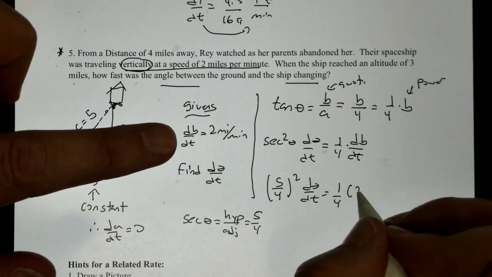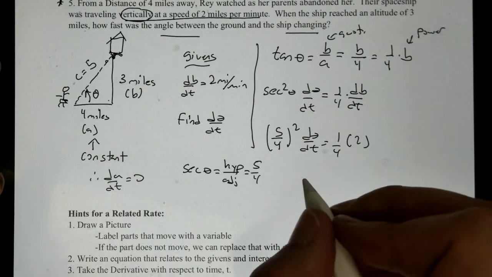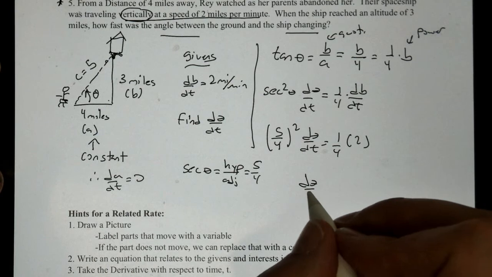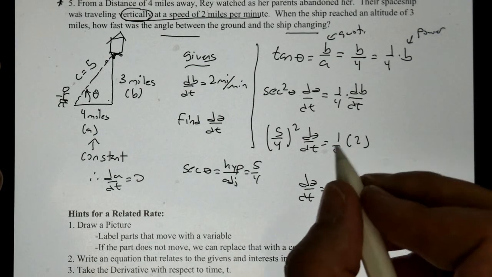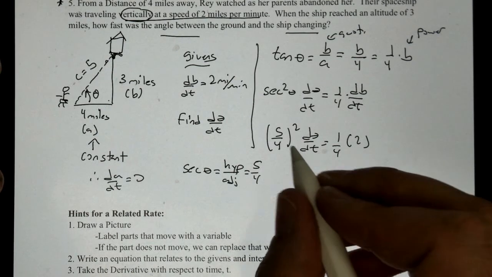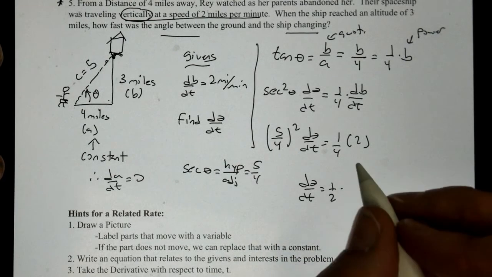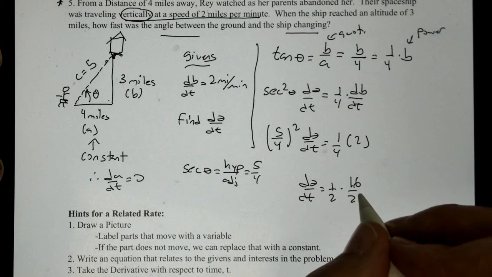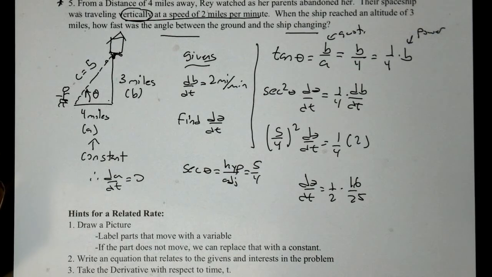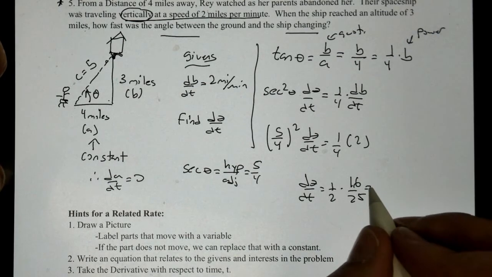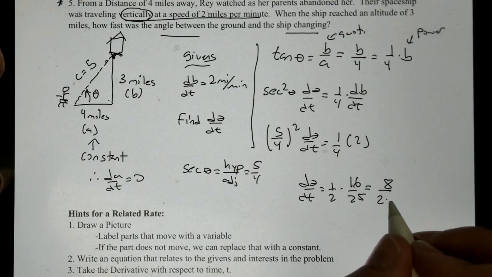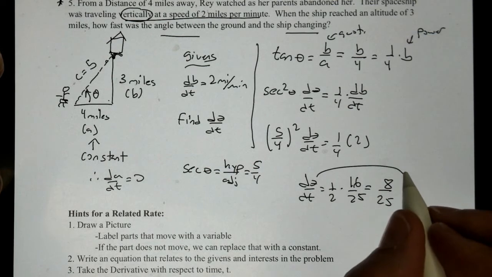That was that 2 that they told us earlier. And I can solve this. dθ/dt becomes just 1/2 times 25 over 16, but I got to flip it, and I get 16 over 25. Convince yourself that is correct. And if you reduce it, you get 8 over 25, but let's talk units.